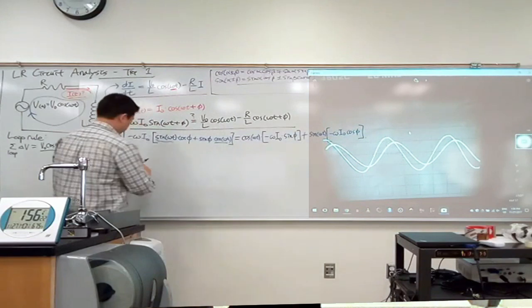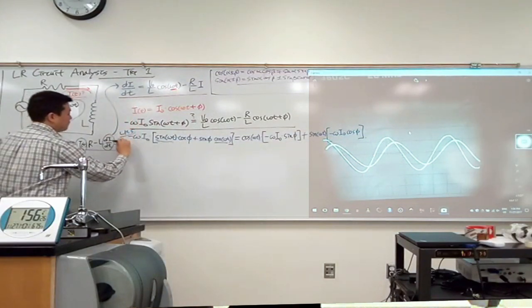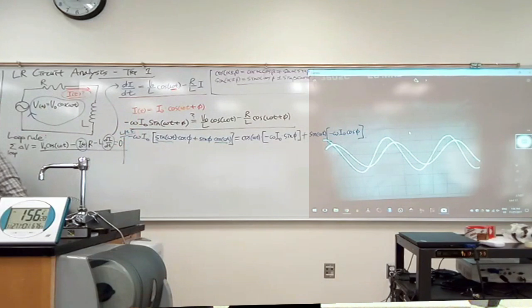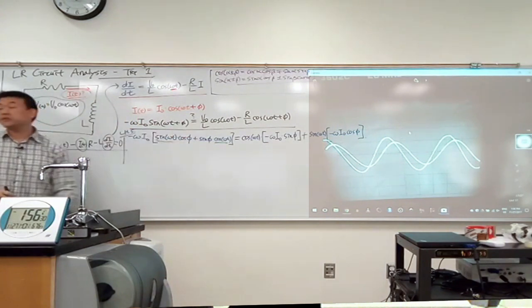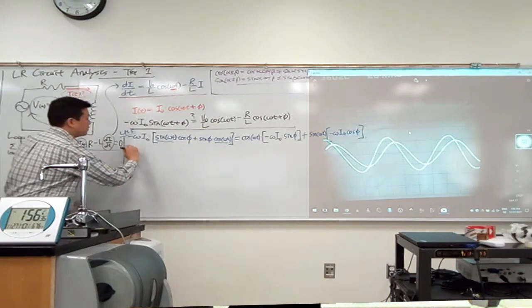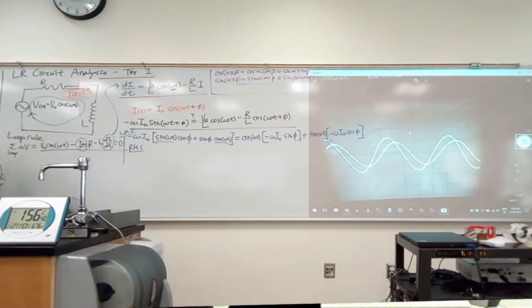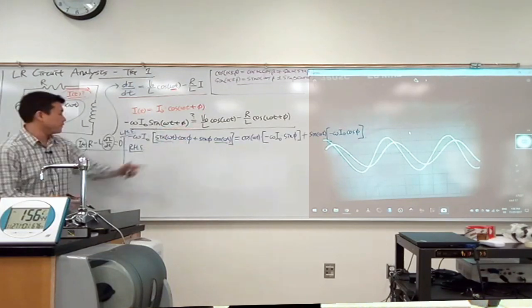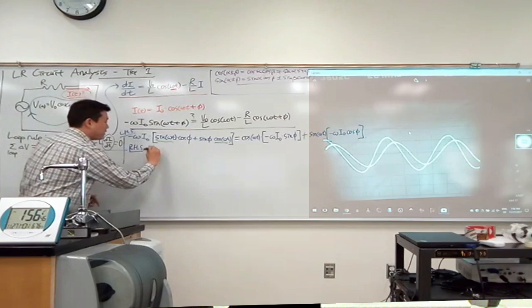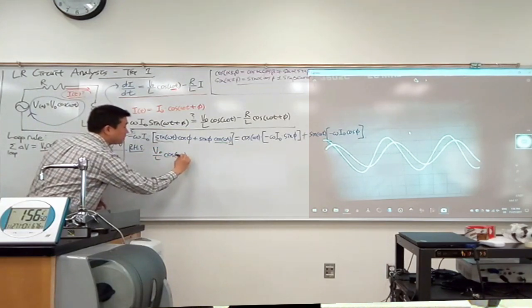All right, so this is my left-hand side. I have to work out my right-hand side. So let me write this out first, and then we'll try to identify some coefficients together. So right-hand side is, well, I guess I can just write this down. I don't have to do any work there. V naught over L cosine of omega t.